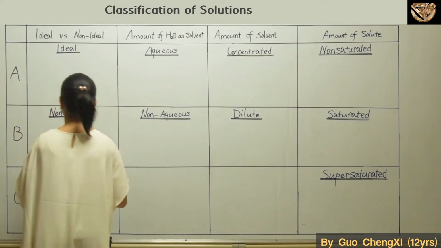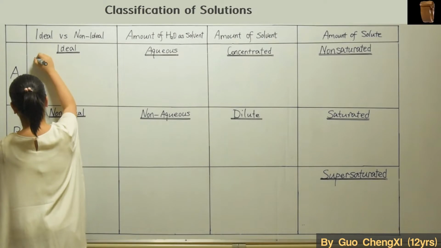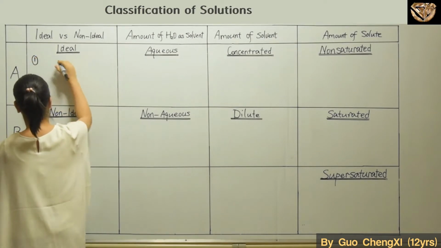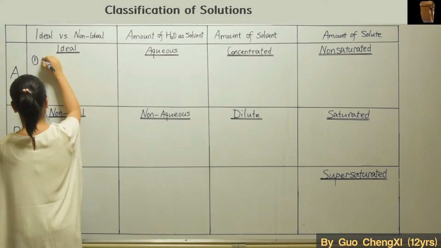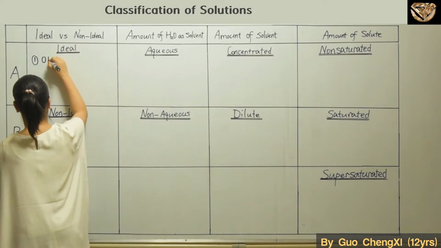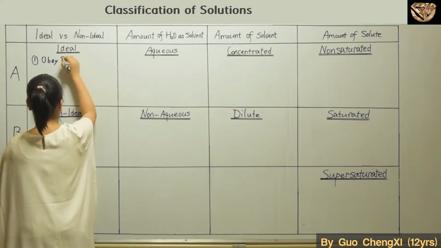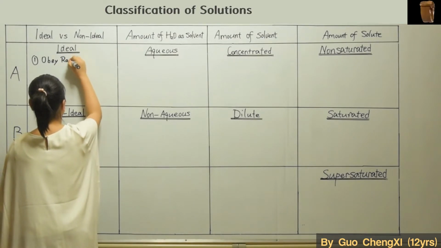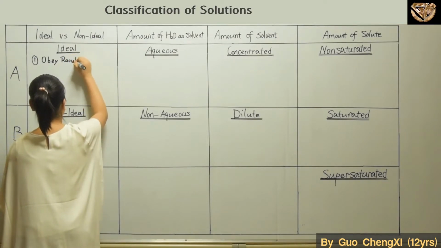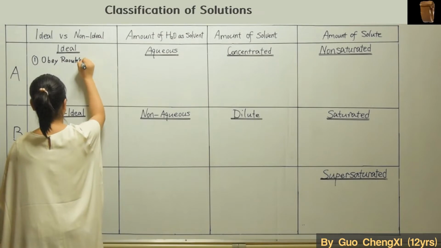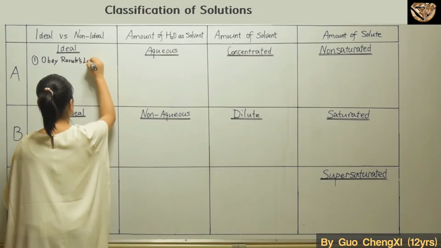Ideal is going to be what we want, right? Ideal is that it will obey Raoult's law.